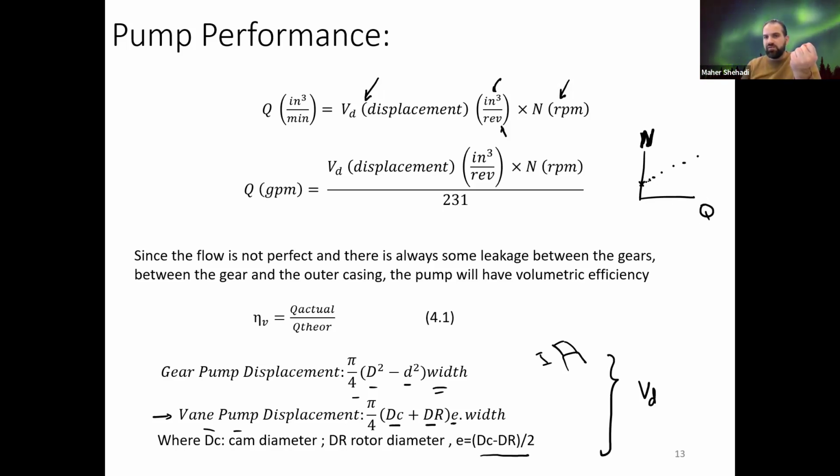I can't run with zero speed, so I would extrapolate this back to zero flow and read the speed. Then I can use the speed and the flow at any other point to calculate the displacement for each rotation. If it's a fixed RPM and fixed flow, then I can calculate the displaced volume. So we can do that experimentally.